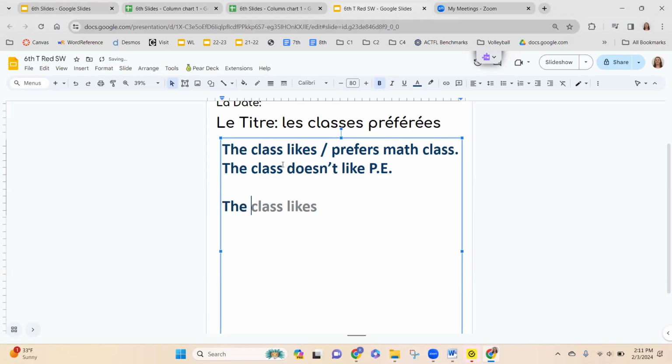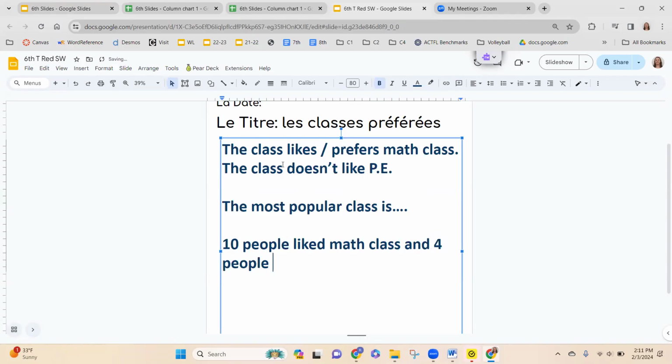Or if you want to up it a little bit, the most popular class is, the least popular class is, or if you want to add more numbers in there, 10 people liked math class and 4 people didn't like class.